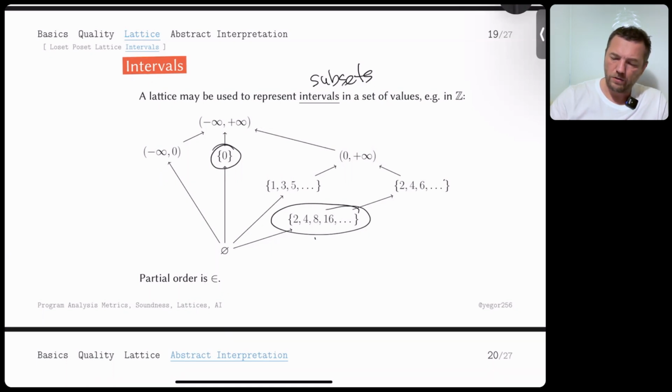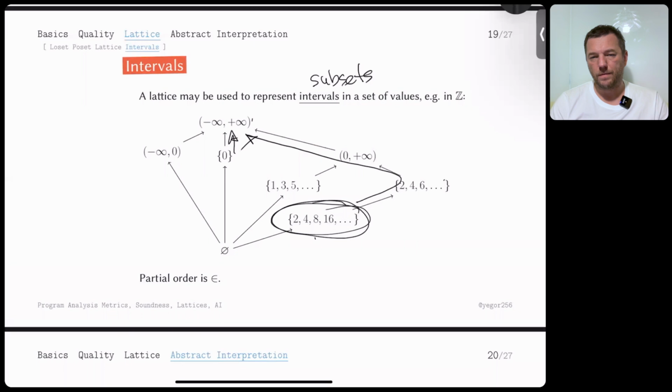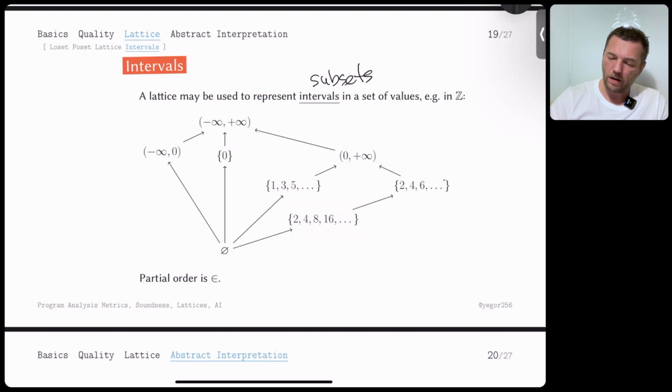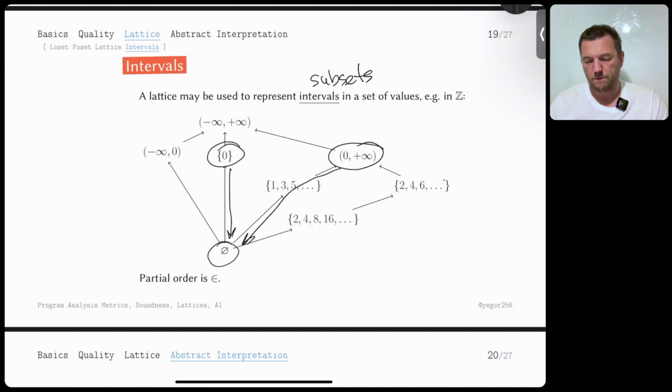From here I go up, and we join here, right? And what would be the greatest lower bound between these and that? It's also easy. If I go down and I go down, we meet here. Right?